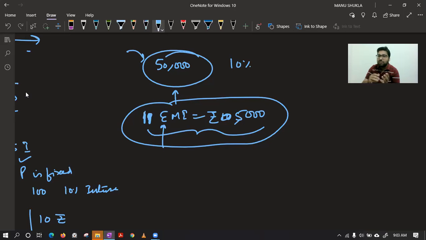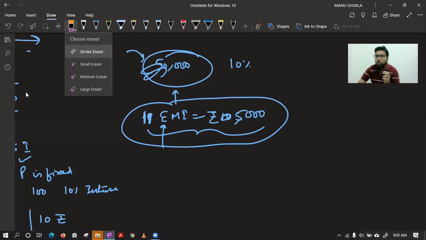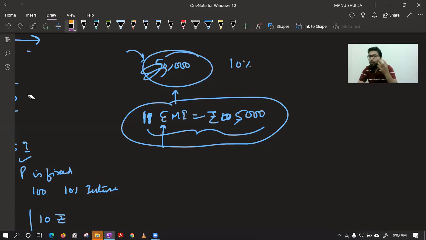What will happen? The EMIs will be cancelled and you have to give less interest because, to explain this I have to take a complete example, otherwise it will not be understood. For now just try to understand that on loans also we use compound interest only. The more principal is left, the more interest we are giving.